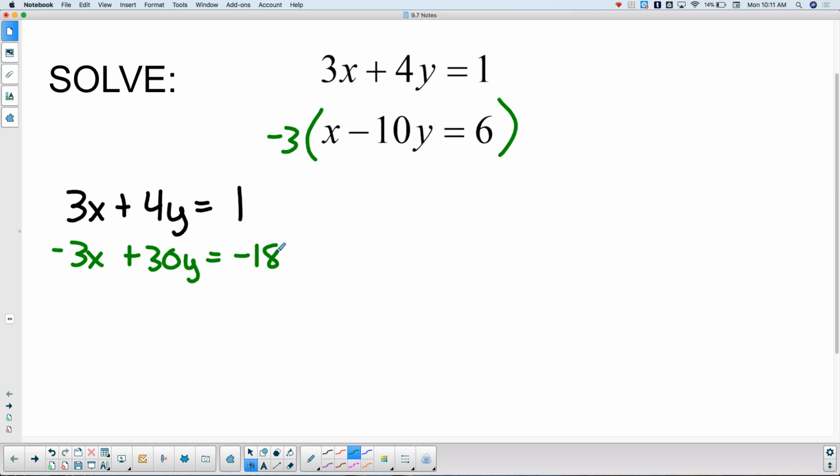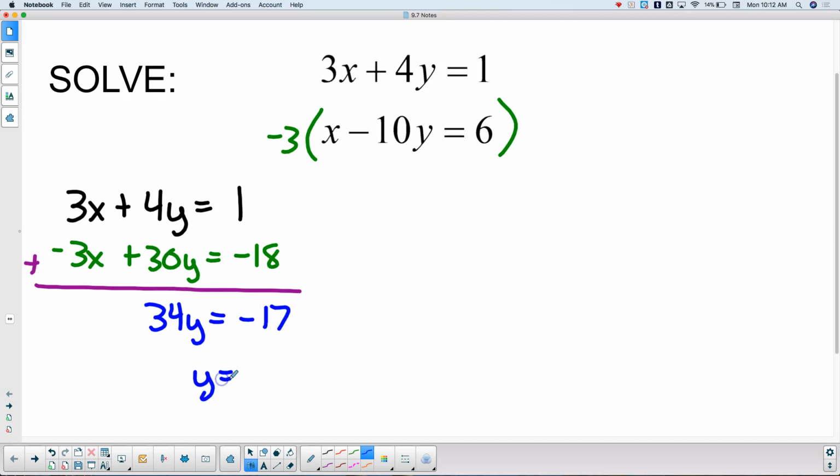And then I am going to add those two equations together. And that gives me, the x's cancel each other out, 34y equals -17. Divide both sides by 34, gives me y equals -1/2.